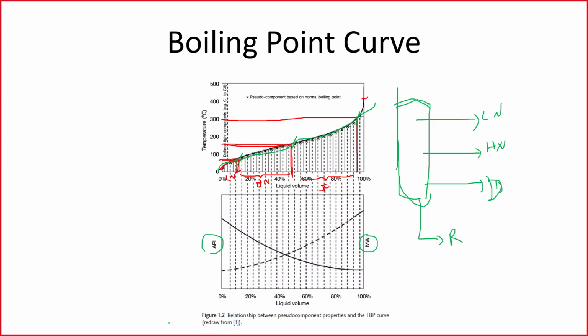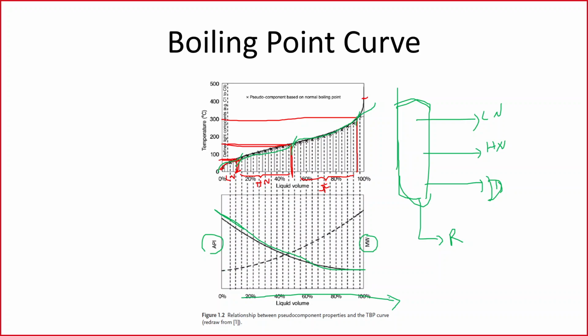API. As we know, you can see here, the more you go to the right, that means the heavier. You'll be going to the heavier and heavier region, and as you go to the heavier region, the API gravity should be expected to decrease. So this is the API graph, and this is the molecular mass.